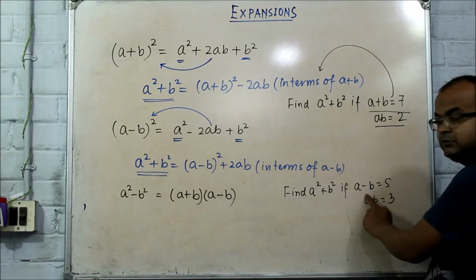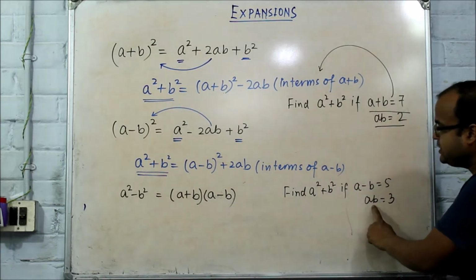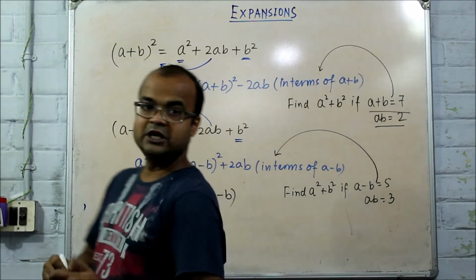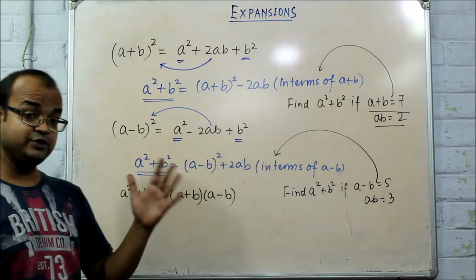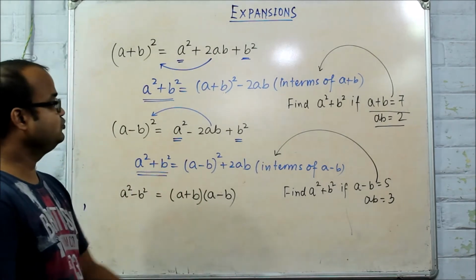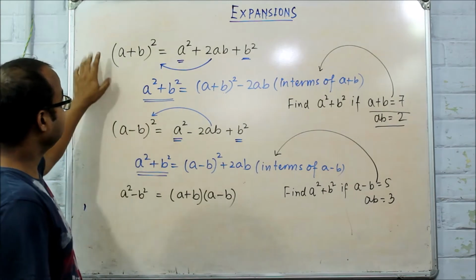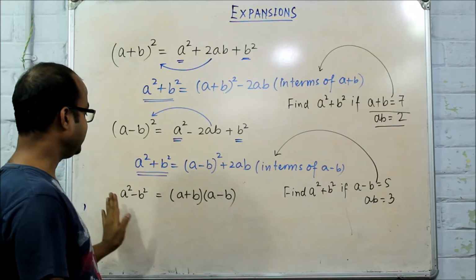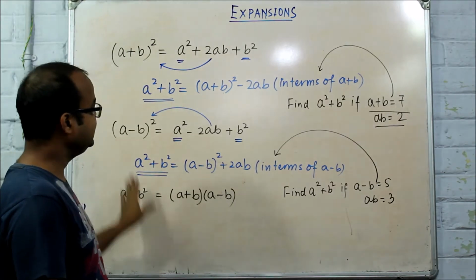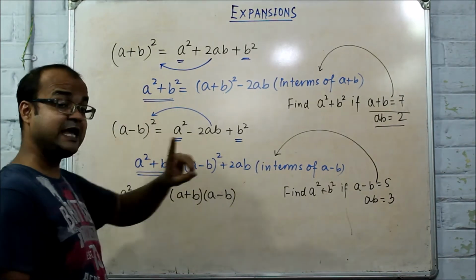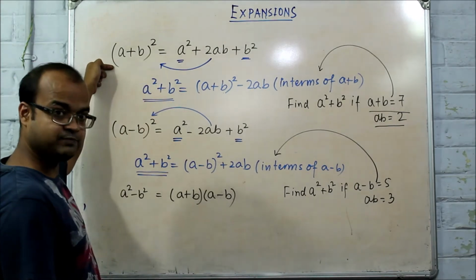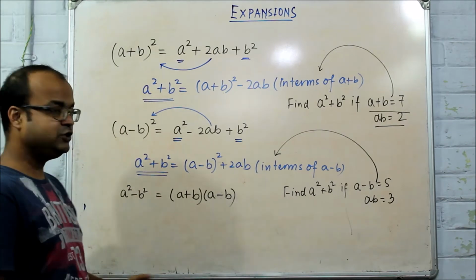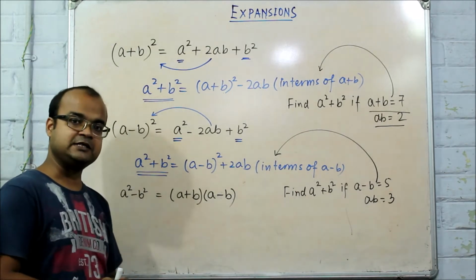Now the information about a minus b and ab is given, so we are going to use this formula. So we learned the first 5 formulas which we are going to use while solving the exercise. The first formula is (a plus b) whole square, second one is (a minus b) whole square, third one is a square minus b square. These two formulas are the application of (a plus b) square and (a minus b) square. So note it down in your copy and memorize this.